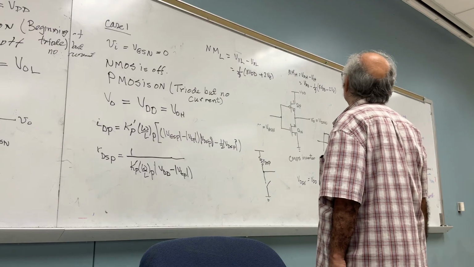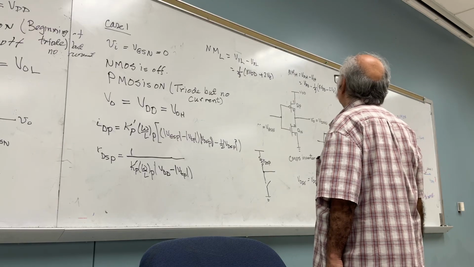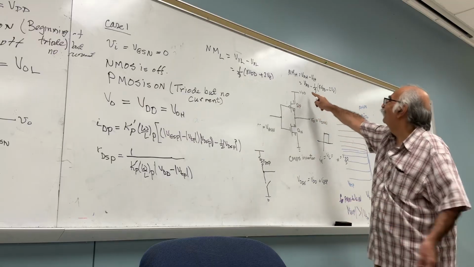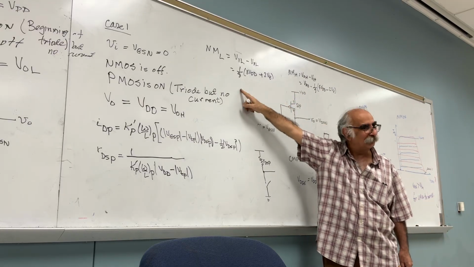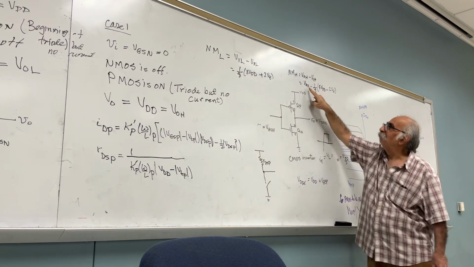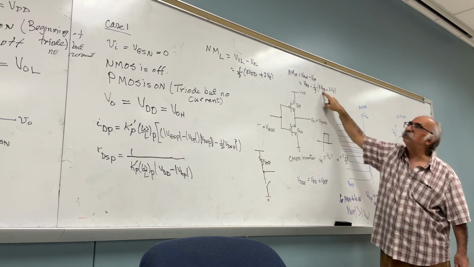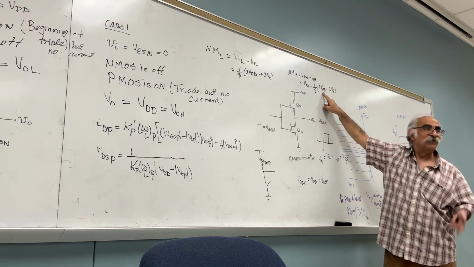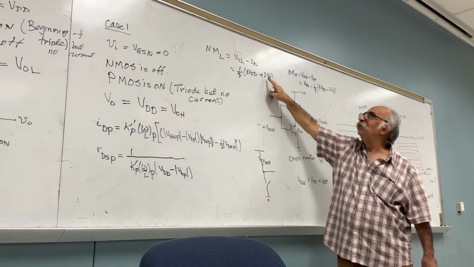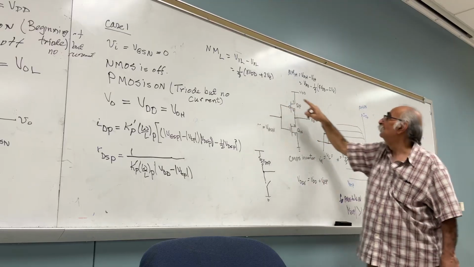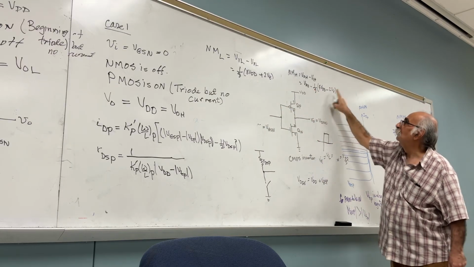What's going on? They should be equal. They are equal, sorry, I did not see this one. What is this? 3 VDD over 8. What is this? VDD minus 5 over 8 VDD. What is that? 3 VDD over 8. Agree? Second term is plus 2 VT over 8.